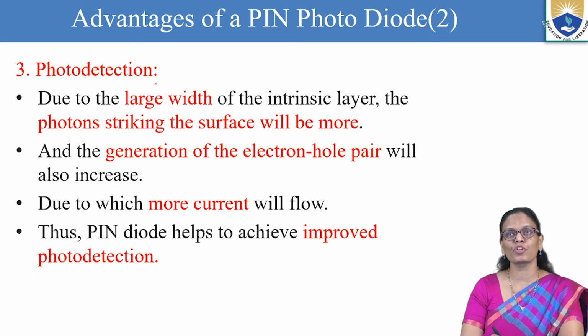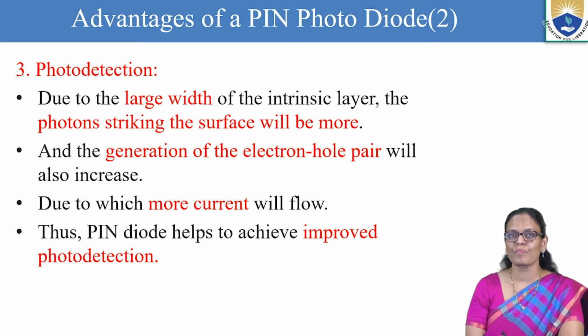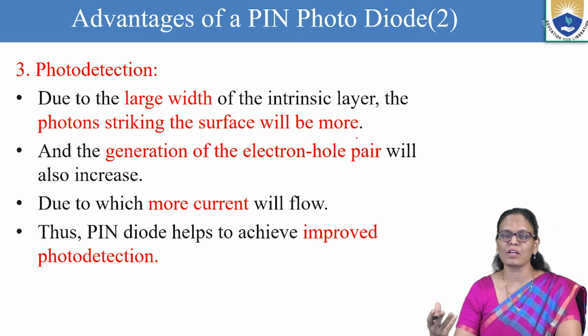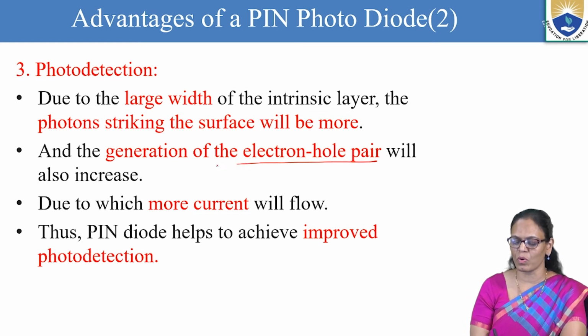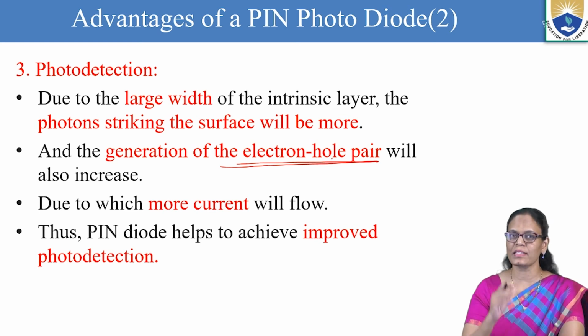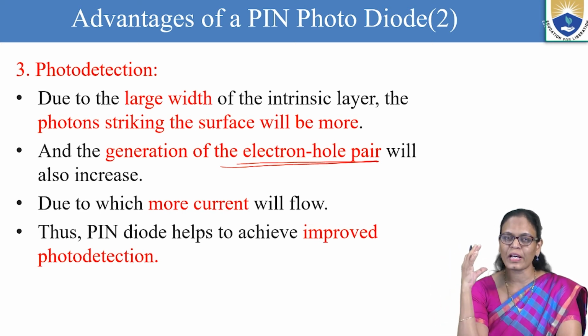Then comes photodetection. What is photodetection? Because of the large width of the intrinsic layer, the number of photons striking the surface will be more. The more the surface area, the more photons strike the area, and as more and more photons strike, more and more electron hole pairs are generated. As the width of the layer is more, the area available for photons to be incident is more, because we are allowing the photons to be incident on the intrinsic layer.